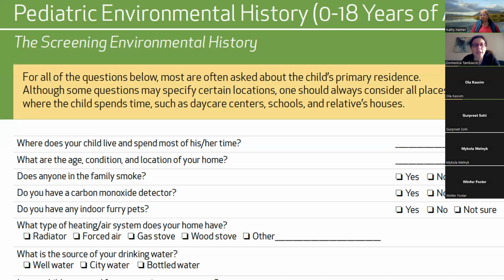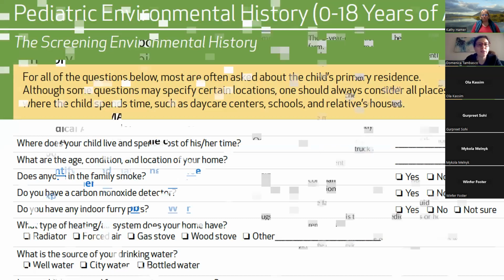And a lot of people have advocated that maybe we should be having such an environmental history for all children, and start early with identifying potential environmental hazards. So if you'd like to see the PDF form, it's a fillable PDF form. The resources provided, I can provide either in the chat later, or I think it should show up in the references later on. Next slide, please.